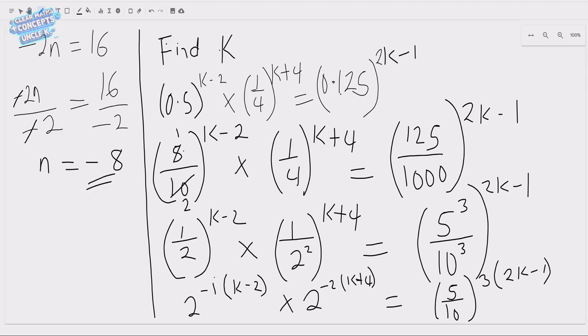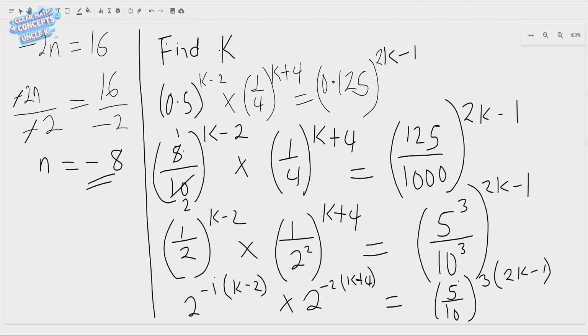So we have 2 raised to minus 1 into k minus 2, then times 2 raised to minus 2 into k plus 4. Then we have, I hope you can see that there's 5 over 10, right? We can also call this one 2.